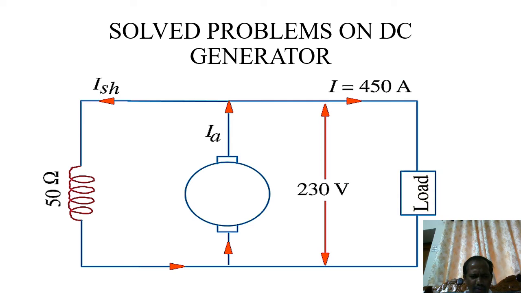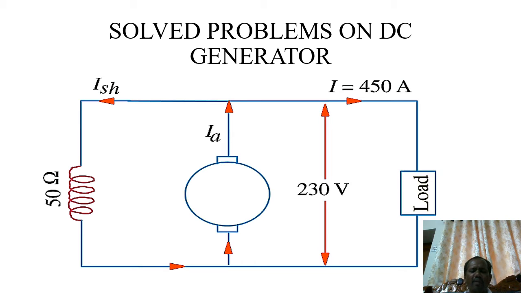So in the circuit the shunt current is 4.6 amperes, and the load current IL is given, that is 450 amperes. What about IA? IA is divided as ISH and as IL. So IA is equal to ISH plus IL, 450 plus 4.6, 454.6 ampere current.